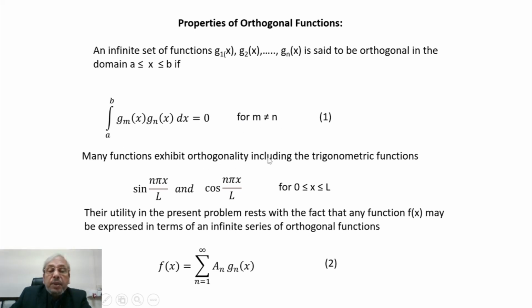Many functions exhibit orthogonality, including the trigonometric functions sin(n pi x by L) and cos(n pi x by L) for x greater than 0 and less than L. Their utility in the present problem rests with the fact that any function f(x) may be expressed in terms of an infinite series of orthogonal functions, if f(x) is given by the summation over n equal to 1 to infinity of an gn(x), where n equal to 1, 2, 3 up to infinity.